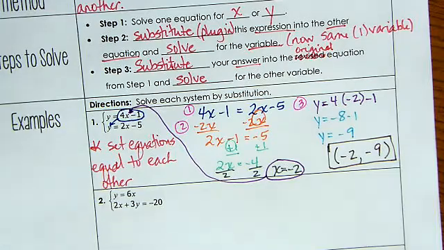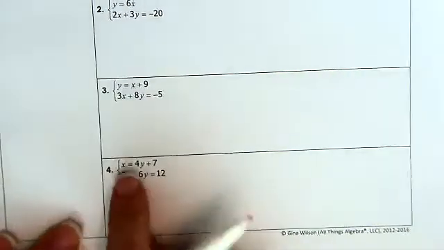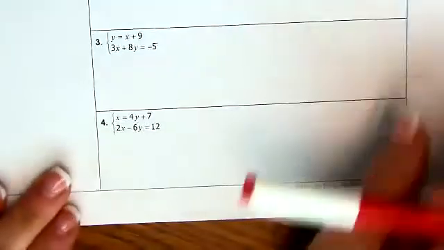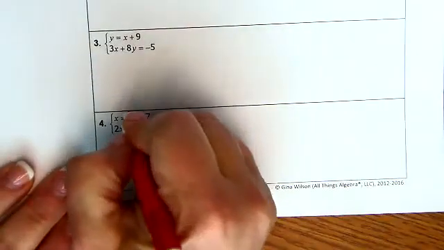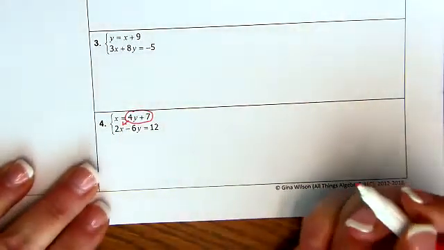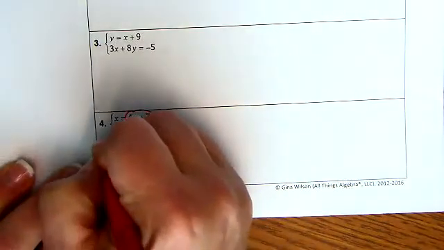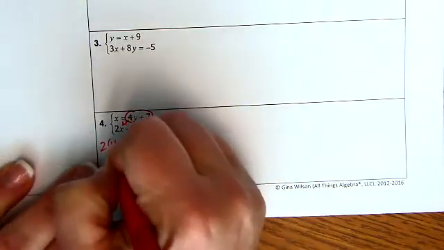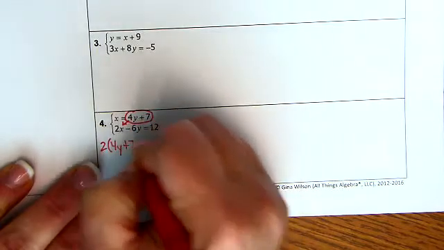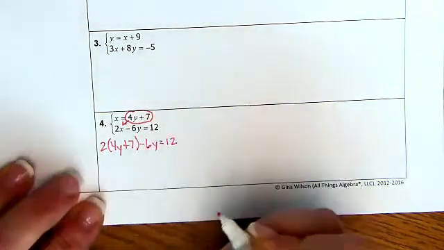Okay, now we're going to pick up the pace a little bit because we kind of know what we're doing, and we're just going to look at a couple of different scenarios. This is where it says x equals. So I'm going to take this expression and plug it in for this x. So I'm going to have 2 times (4y plus 7) minus 6y equals 12.